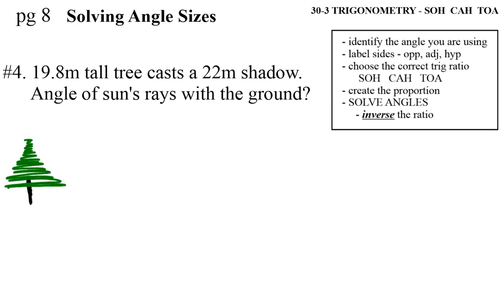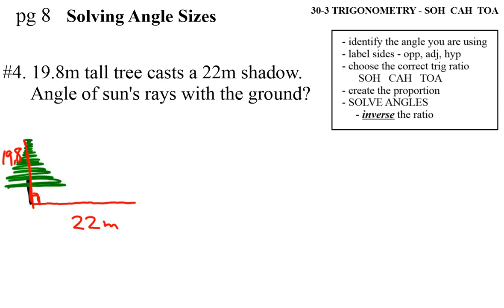Look at how impressive that is. And it's casting a shadow along the ground. Well, we know the tree casts a 22-meter shadow, and we know the tree is 19.8 meters tall.